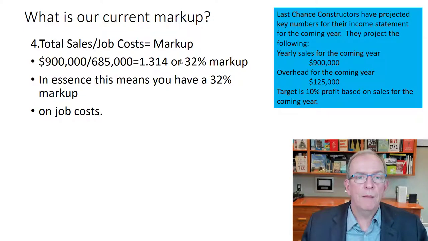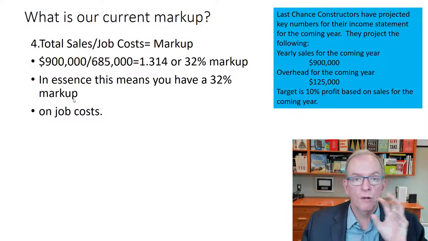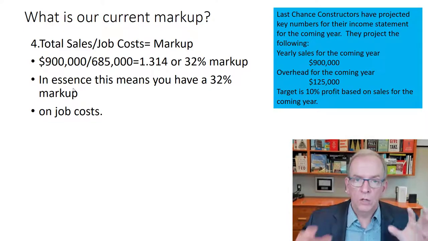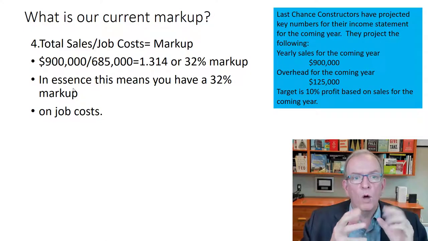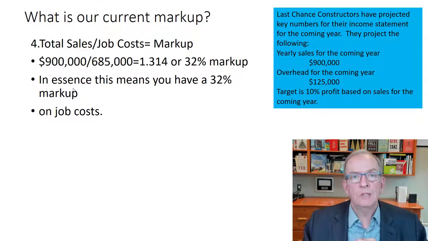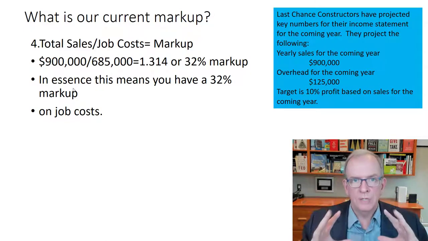If I round it up, that gives us a 32% markup, or you could leave it at that number. In essence, this means you have a 32% markup on job costs. So whatever your job costs are, you multiply it by 1.32, and that gives you your sale price.